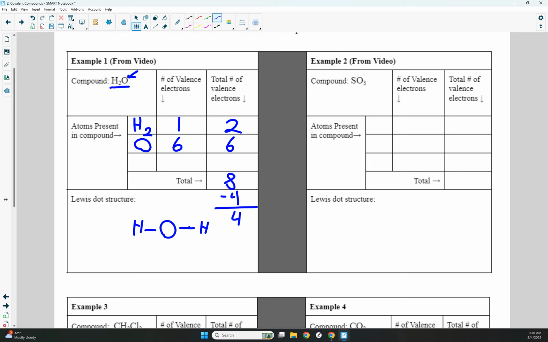So my hydrogens are happy, but the oxygen is not, because we've only got 2 electrons here and 2 electrons here. So that gives oxygen just 4 electrons around it. So we're going to simply add 2 pairs of electrons as lone pairs, and then that's going to give us 8 electrons around oxygen.